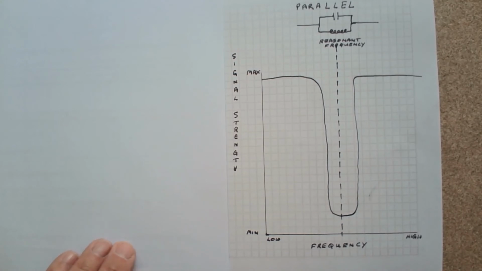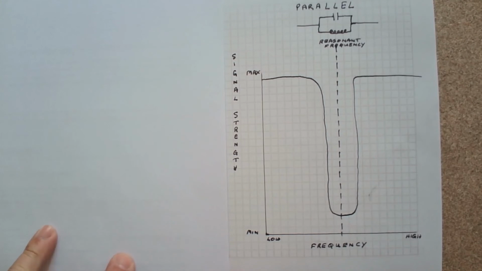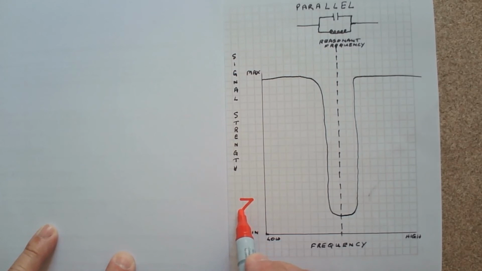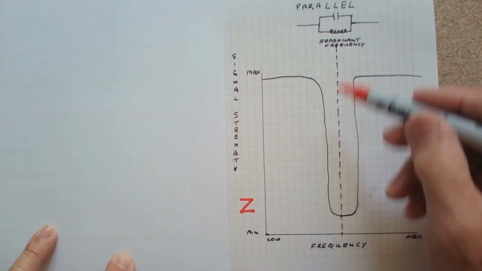Well, now we'll look at impedance. We haven't talked much about impedance in the video, but just to show you, impedance is measured in ohms, and it's denoted by the letter Z. The impedance works in exactly the opposite way.